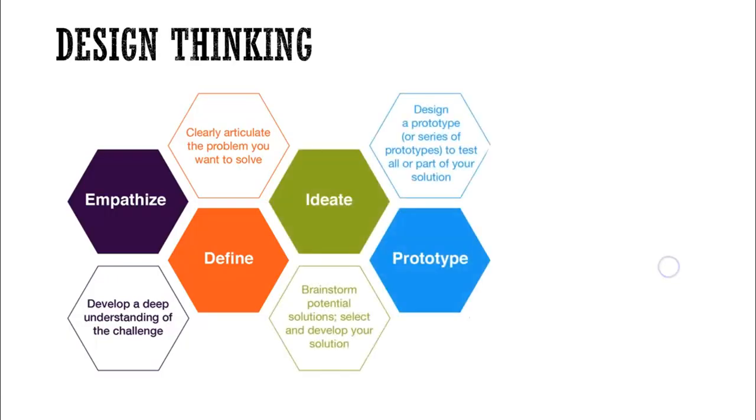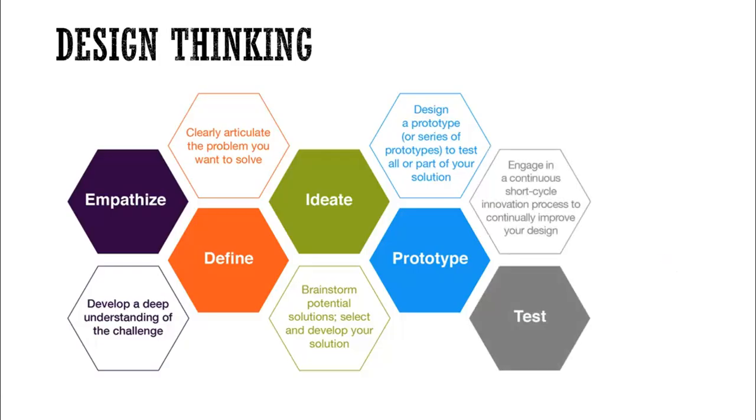Then you ideate, meaning you come up with lots and lots of ideas, and then you prototype. You may have to do multiple prototypes, but you create a prototype that allows you to validate your idea. And finally you test your prototype with certain users to see if what you anticipated actually happened, or what you want to learn, right? What you learn from it.